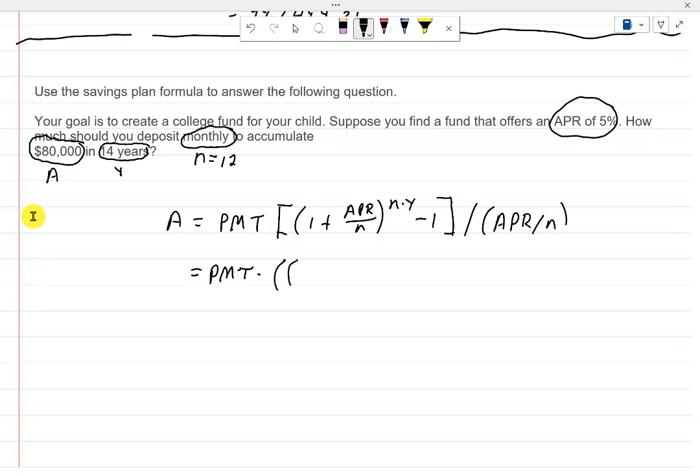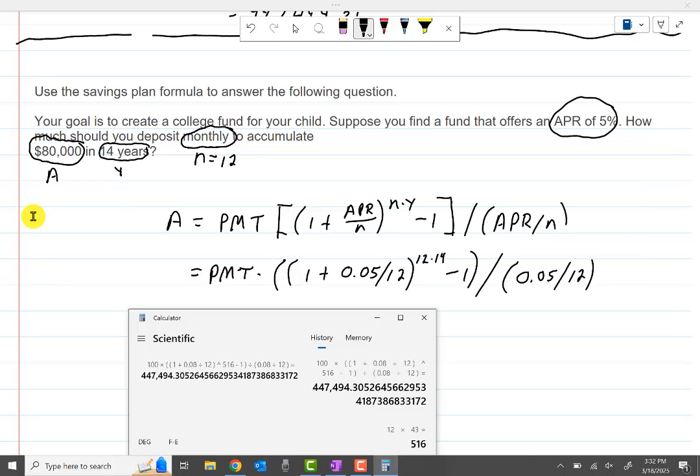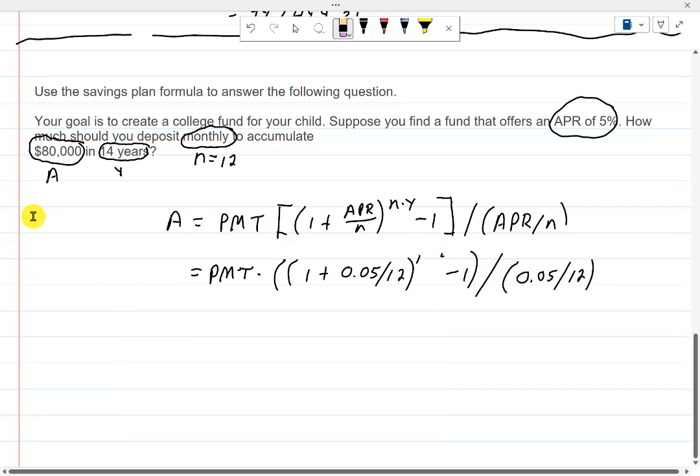Start my two parentheses, 1 plus, we're told that we can get 0.05, and we've got to divide that by 12. Now we've got 14 years, so we're going to have 12 times 14 minus 1, divide 0.05 divided by 12. And as before, I'm going to do the 12 times 14 separate. So 12 times 14, that's 168. So I'll replace that with 168.